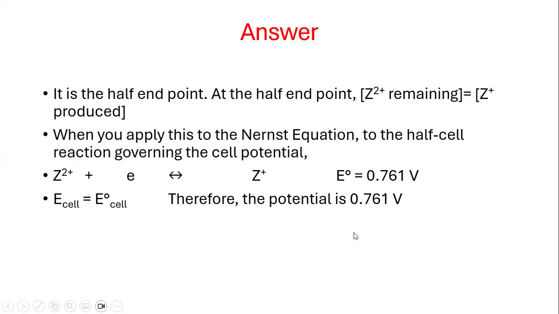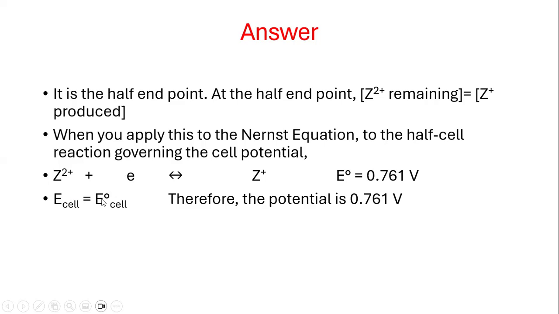It can be the other way around also. Sometimes a question can be like this. What will be the situation when the cell potential is 0.761 volts? Then what do you have to write? What is the condition there? Why do you get this? Can anybody tell?